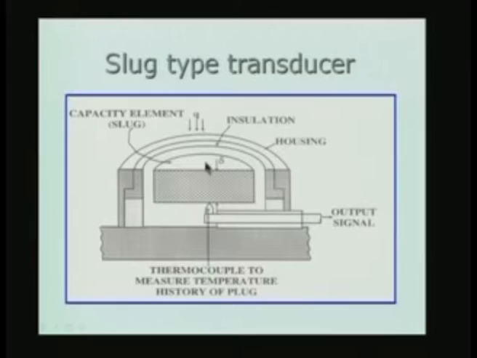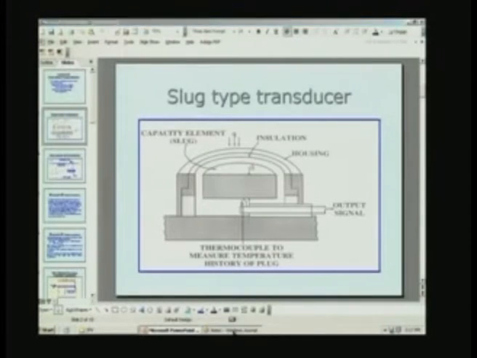Q multiplied by the area of this slug which is exposed to the heat flux is the amount of heat which is entering the slug. This must be equal to the rate of change of the internal energy of the slug, which can be determined from the mass, specific heat, and the temperature rise product. So let me just do a simple analysis by going to the board and explain how we are going to account for the heat loss.